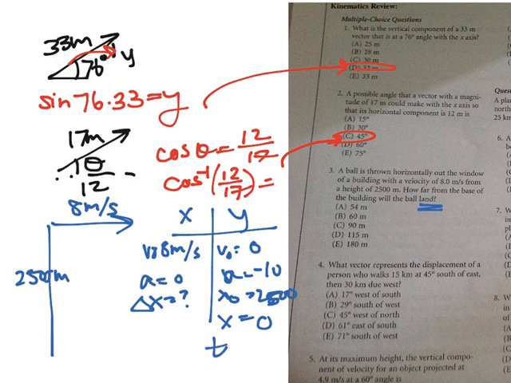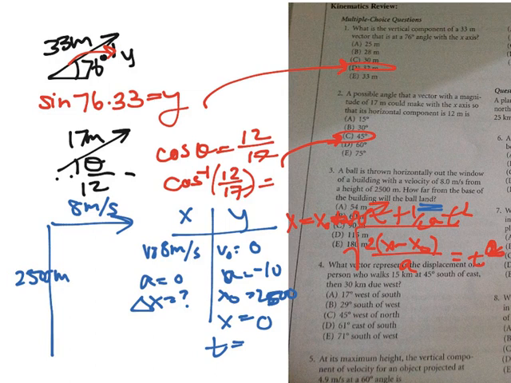So we first need to find t via the y side. And we know that initial velocity is 0, so using this equation, we can cross out our v. And we're solving for t squared, so we get x minus x naught over a, all of this times 2, is equal to t squared. Therefore we have to square root this.